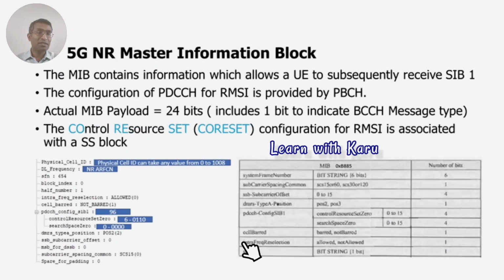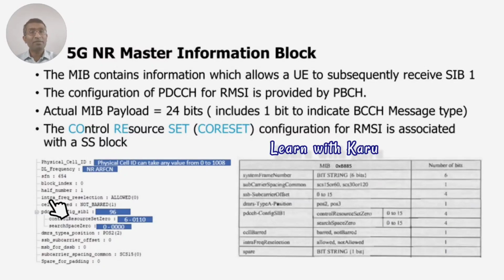Intra-frequency reselection can take two values, allowed and not allowed, and it is also 1 bit. Toggling it will make the message allowed or not allowed. And also it has cell barred status. Here 1 represents not barred. And here you can see the cell barred, which is also a single bit.